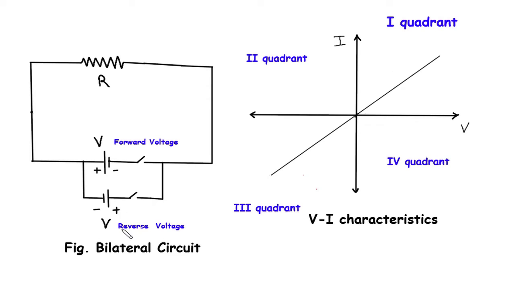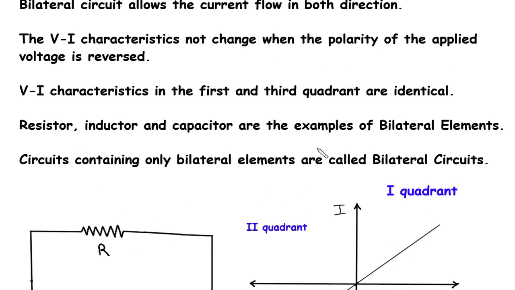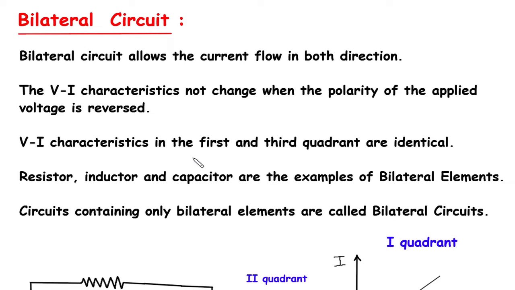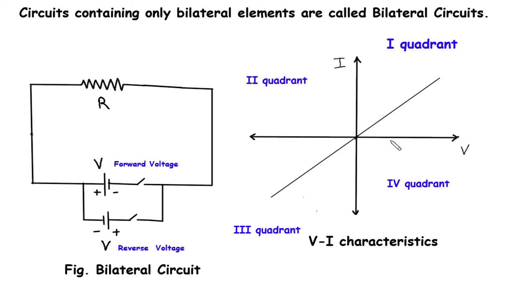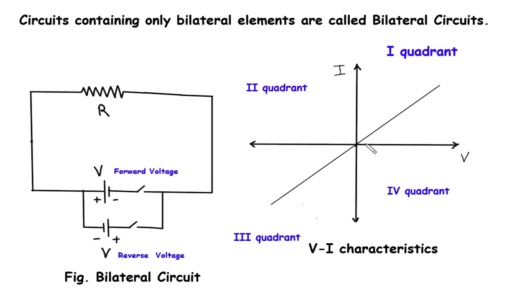And when we turn on reverse voltage, the current will flow in the reverse direction, and this will be the plot of VI characteristic in third quadrant. VI characteristics in the first and third quadrant are identical. So here we can see the VI characteristics in first quadrant and third quadrant are identical.